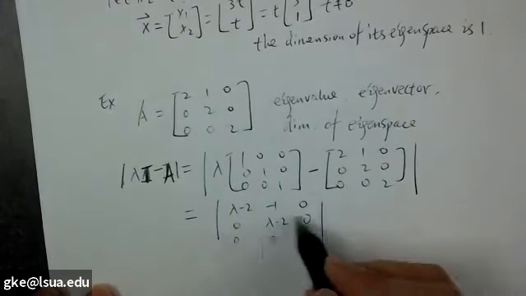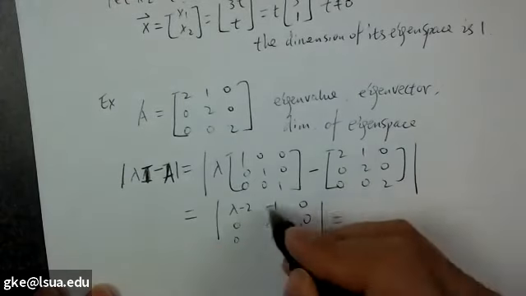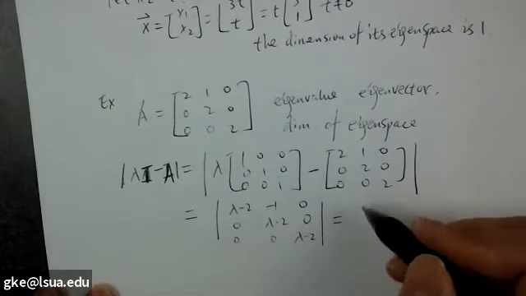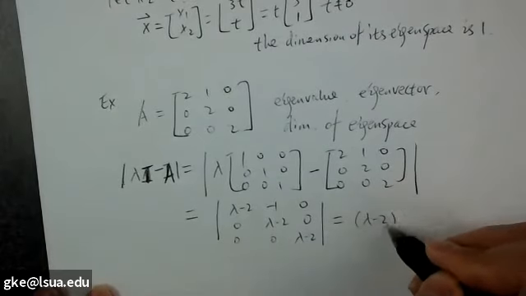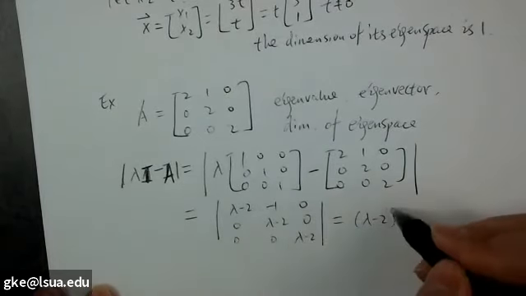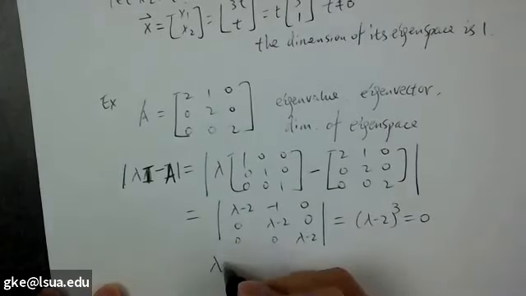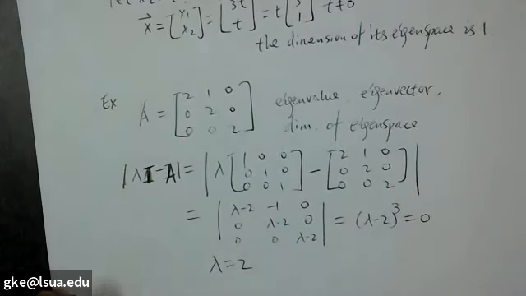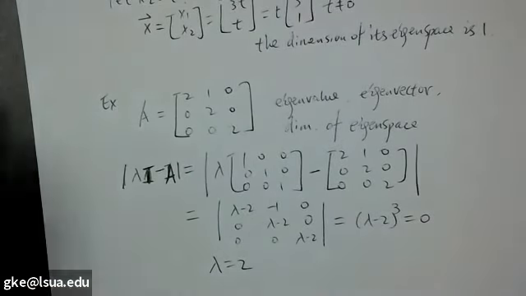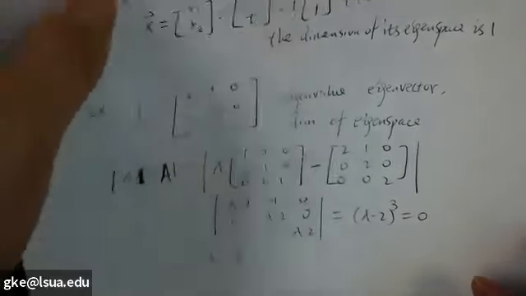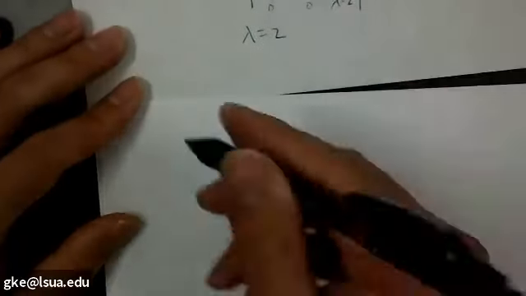The determinant of this triangular matrix is the product of the diagonals, right, equals 0. So you can find the eigenvalue is 2. Okay, so after you find the eigenvalues, then you can use the formula to find the eigenvector.